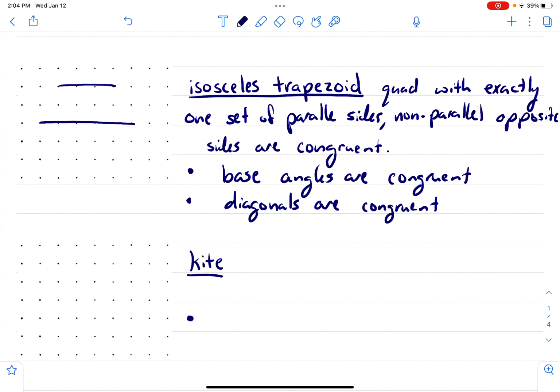I did 1, 2, 3 gaps on the top. So I did 1, 2, 3, 4, 5 gaps on the bottom. And then I can connect those because I want to make sure that these two sides, this one right here and this one right here, are the same length. And so therefore this is an isosceles trapezoid because those two sides are congruent and exactly one set of parallel sides, and then the non-parallel opposite sides are congruent.